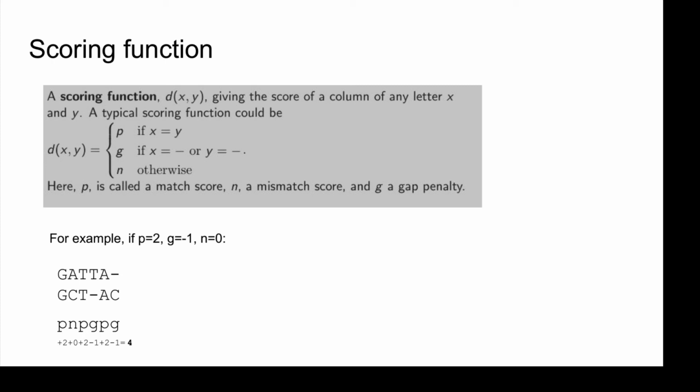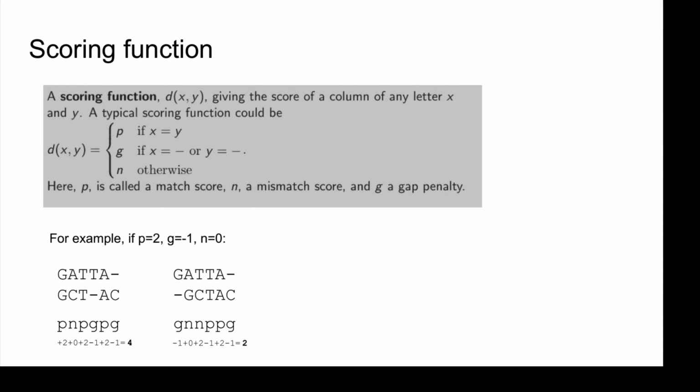And this would then be a better alignment according to this scoring function than, for instance, the next alignment here, where we have kept the sequences intact but just shifted them one position relative to each other, and then we get a gap in the first position, a mismatch, a mismatch, a match, a match, a gap.